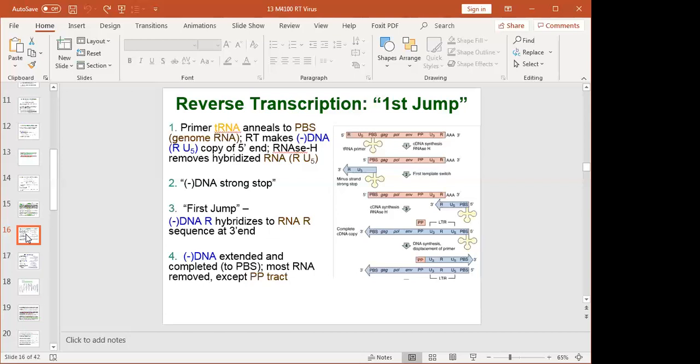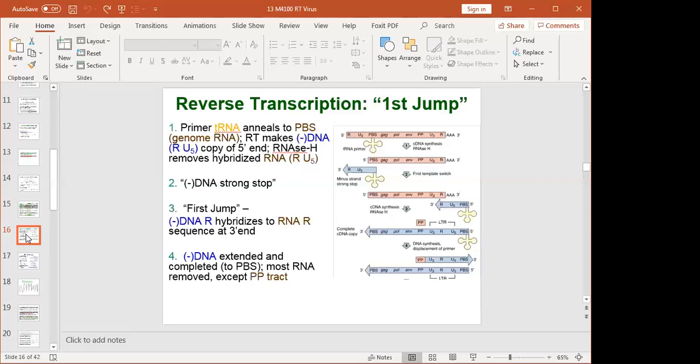Once we make it, that piece of original RNA genome, the pink region that includes R and U5, will be degraded. We don't have them anymore. Then this negative DNA strand stops. The negative DNA strand includes R region and U5 region.